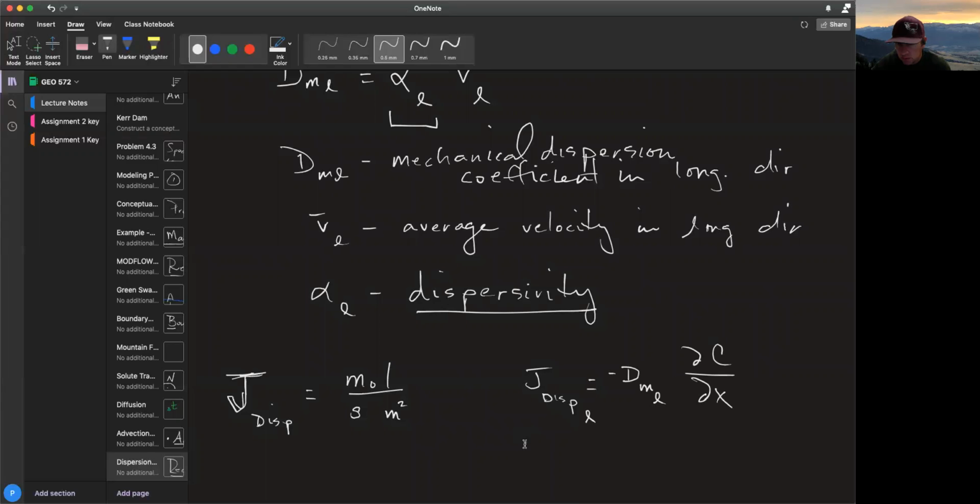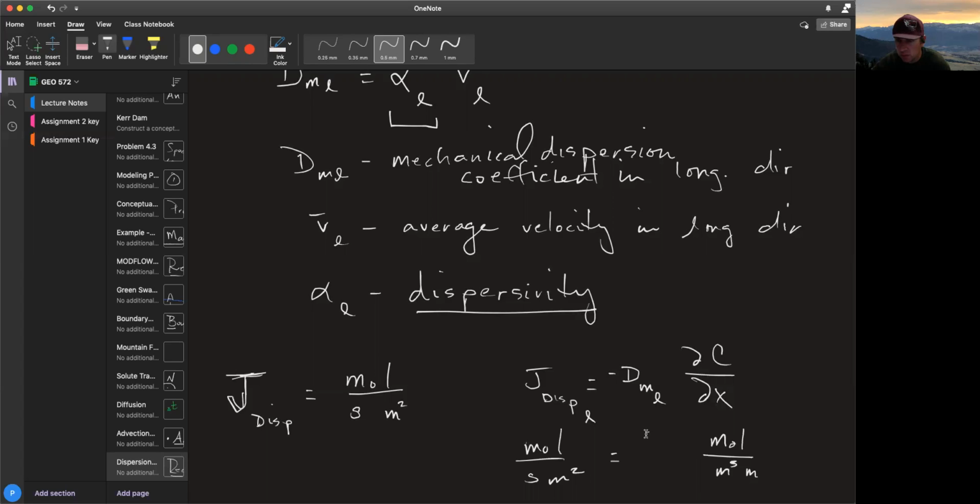We know J is moles per second per meter squared. So how do we make these two equal?